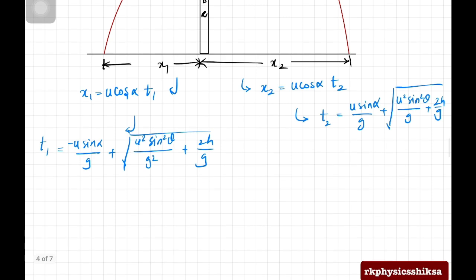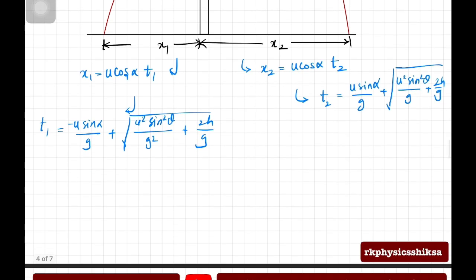So now I know these two times, and I have the relation for x1 and x2 also, so I can write the total distance x is equal to x1 plus x2. Very clear. Now x is equal to u cos alpha into t1 plus u cos alpha into t2.